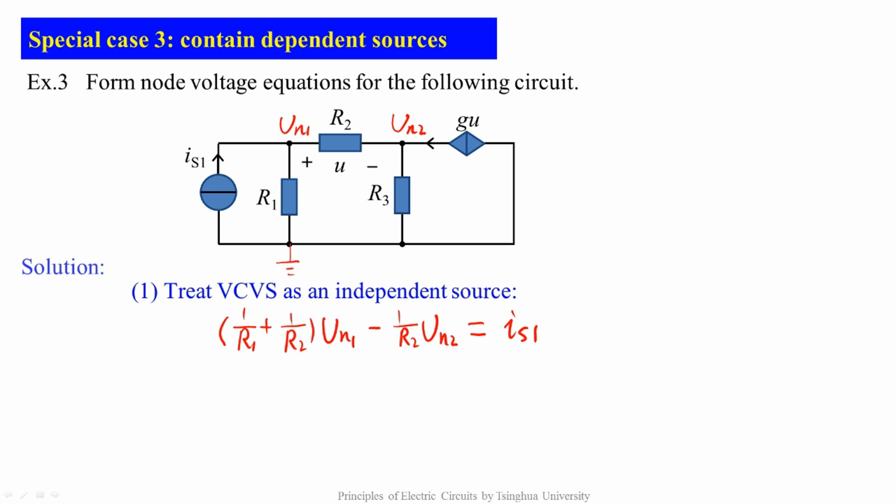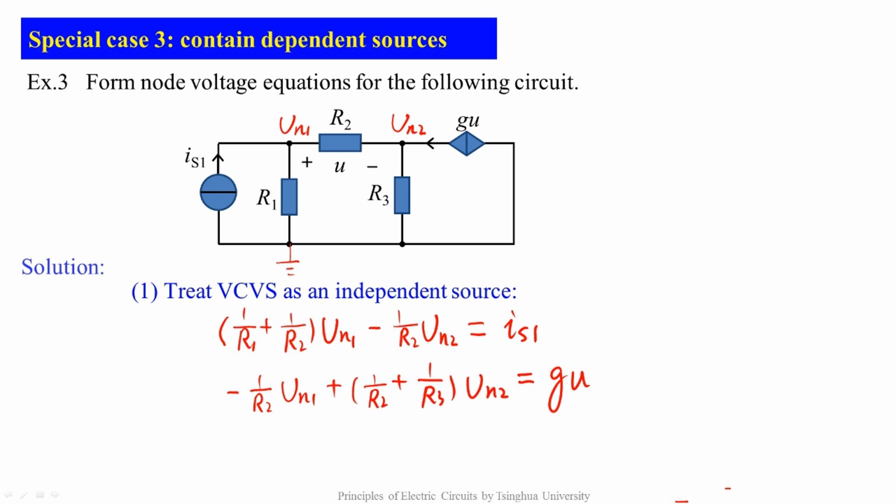For node 2, its mutual conductance with node 1 is also minus 1 over R2, that is minus 1 over R2 times UN1, while its self-conductance is 1 over R2 plus 1 over R3, that is (1 over R2 plus 1 over R3) times UN2. On the right side, we should note that we treat the dependent source as an independent source in this step, so the sum of all the current sources flowing into node 2 should be GU.